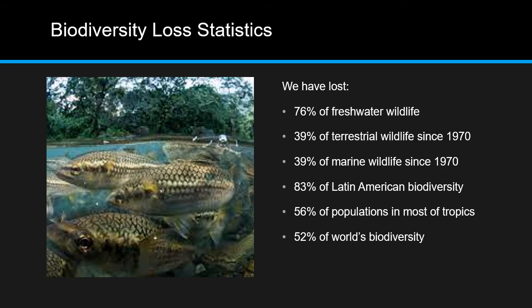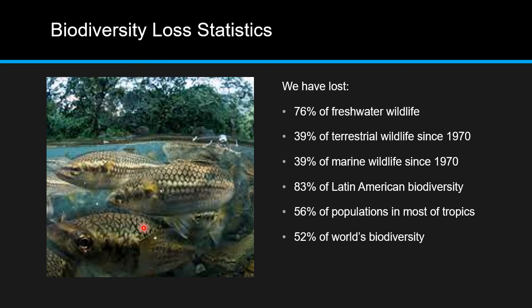But we can't fully grasp the impacts of biodiversity loss without looking at biodiversity loss statistics. So as a result of biodiversity loss and other issues, we have sadly lost 76% of freshwater wildlife, like the freshwater fish you see over here, probably migrating.